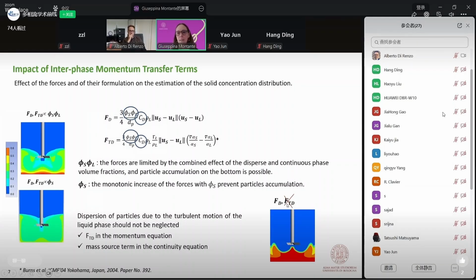If we neglect, for instance, the turbulent dispersion force, we have a totally different picture. So instead of having just a small amount of solid on the bottom, we have a huge amount of unsuspended solid.